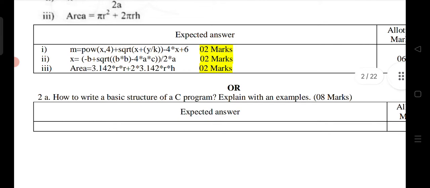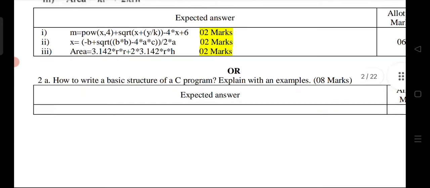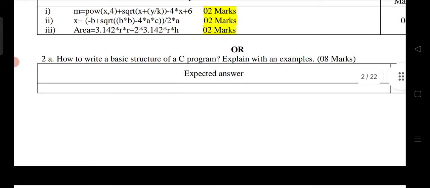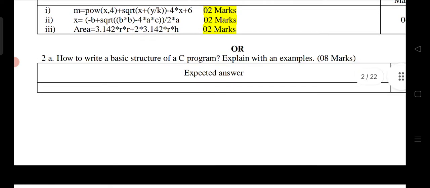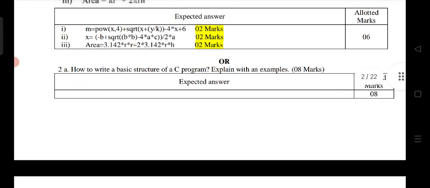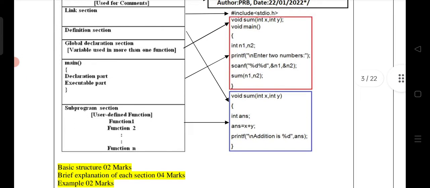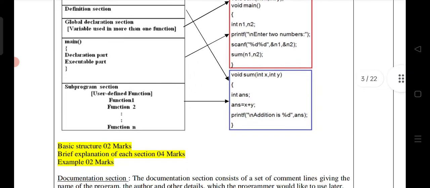And the second question is: how to write a basic structure of a C program, explain with an example. So the expected answer is: first the student has to mention what is the basic structure of the C program.